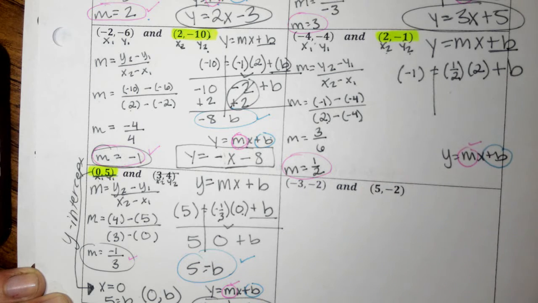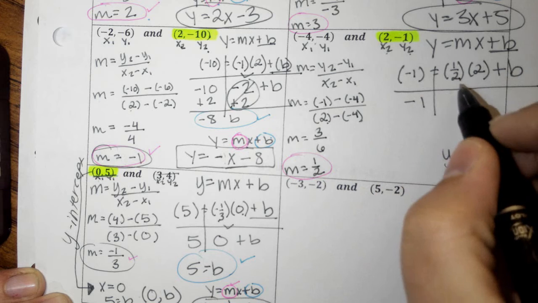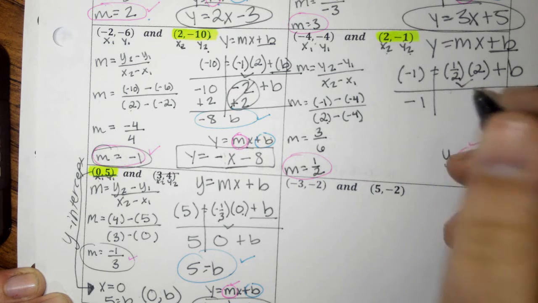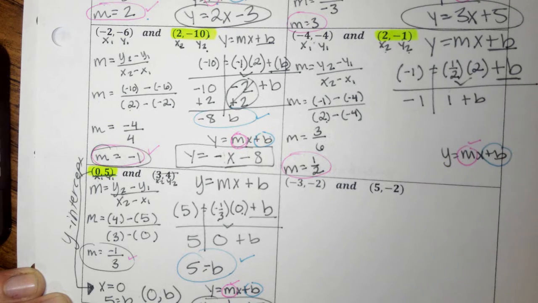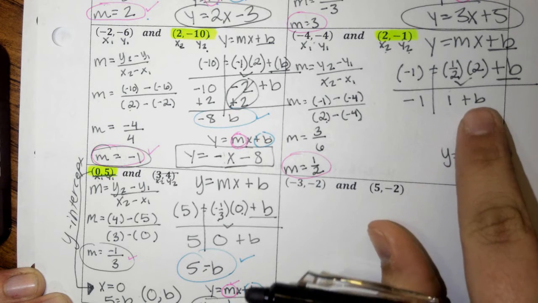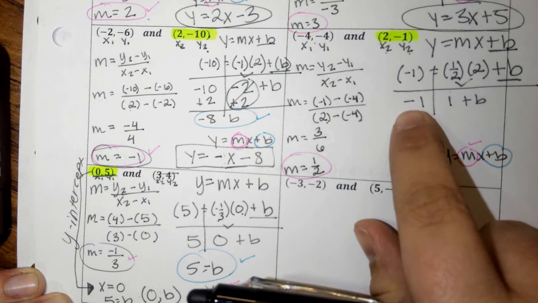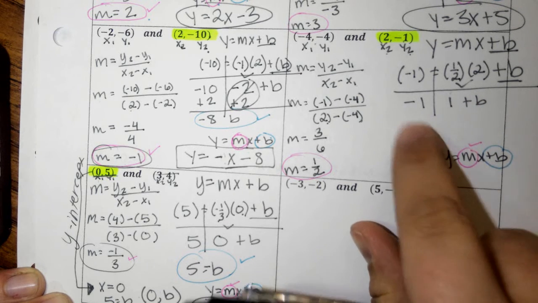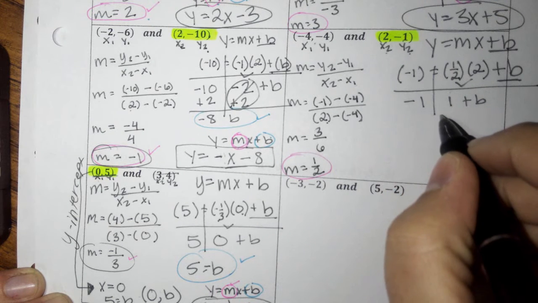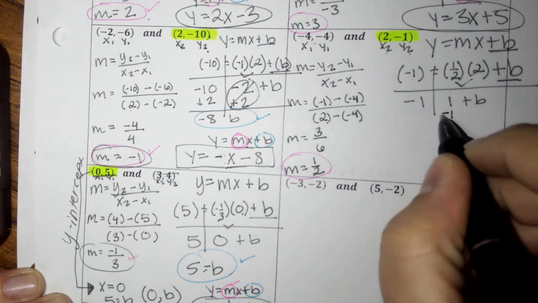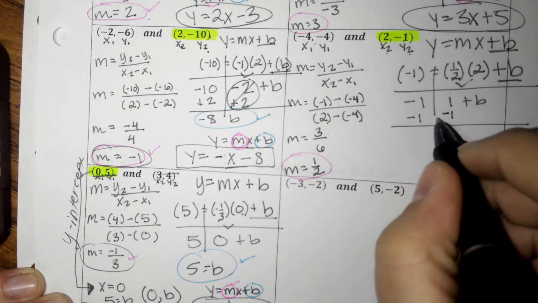I'm ready to start solving the equation. I know I'll have negative 1 on the left. Well, negative 1/2 times 2 on the right is negative 1, and we'll still have plus b. To get b all by itself, I have to move this constant to the opposite side, by using the opposite operation. Right now it's positive 1, so to undo that, I subtract. I'm subtracting 1 from both sides.